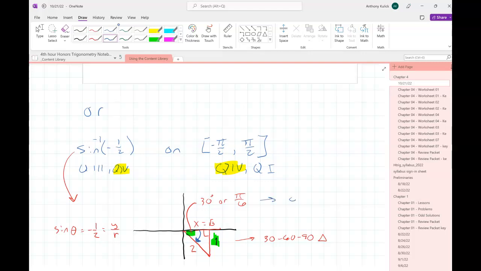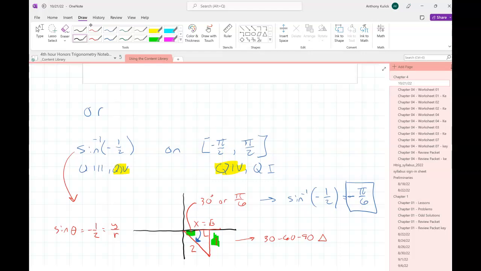So since I'm going backwards, rotating clockwise on the unit circle, it's going to be negative pi over 6. Everybody's okay with that?